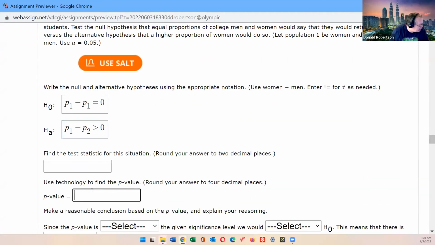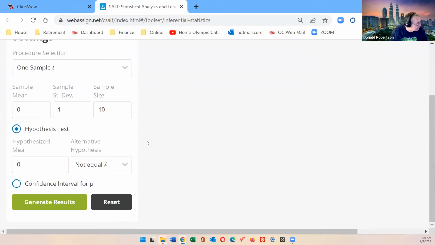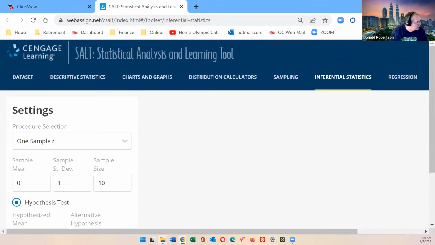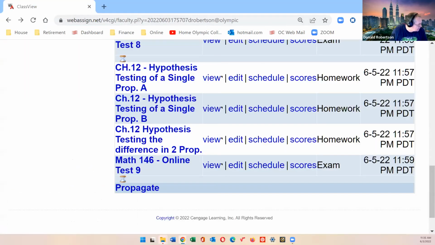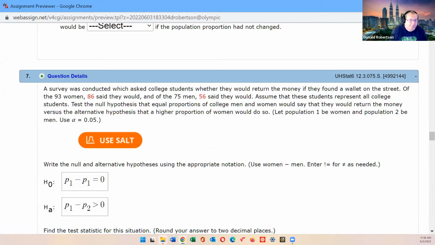Now, all these guys are going to come from SALT. So when I hit this button, that's going to disappear, but I've already written the numbers. So fingers crossed. It did. Okay, good.